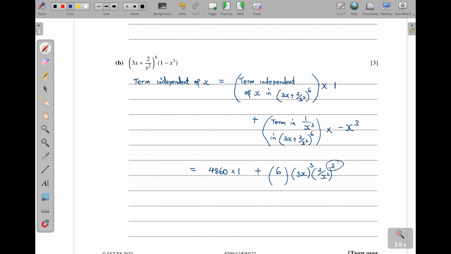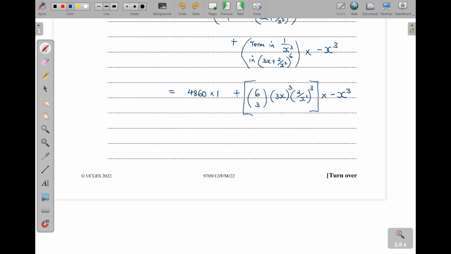And then what is here is the one that comes down here. So we shall have a 3 here. Then because this is the term here, we shall multiply it with negative x power 3, which is coming from here.